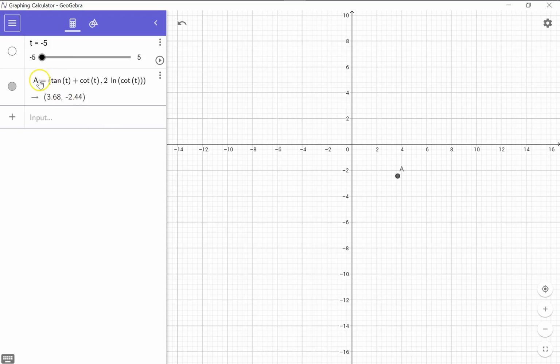If you notice, I have put a parameter t, whose value I can change, and we have a point defined by tan t plus cot t, 2 log cot t.